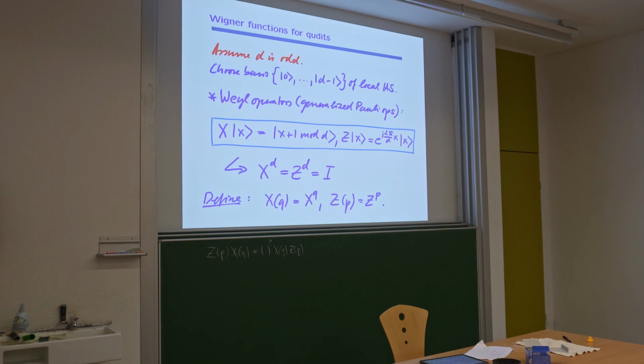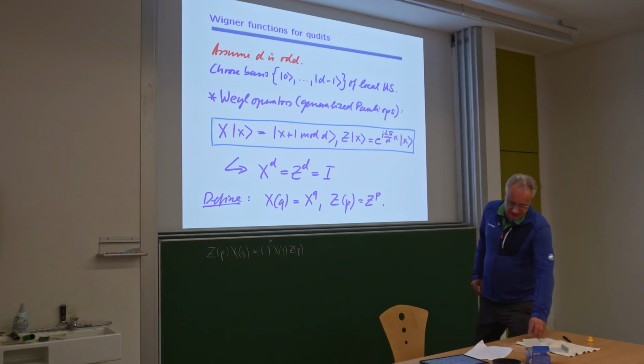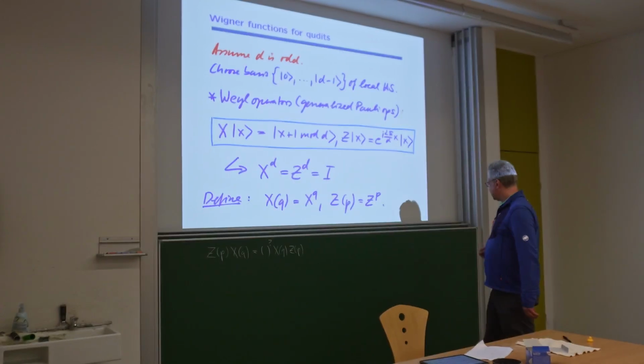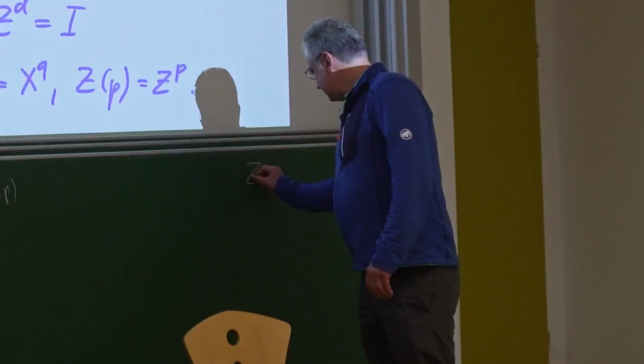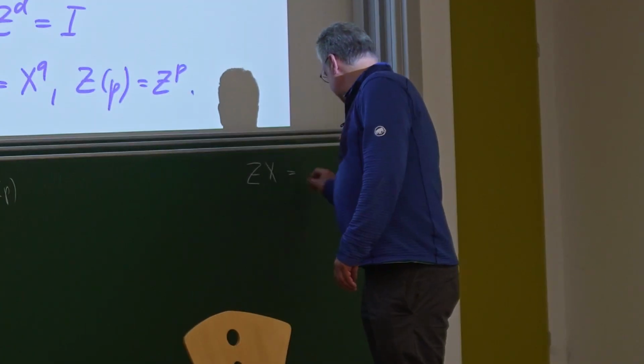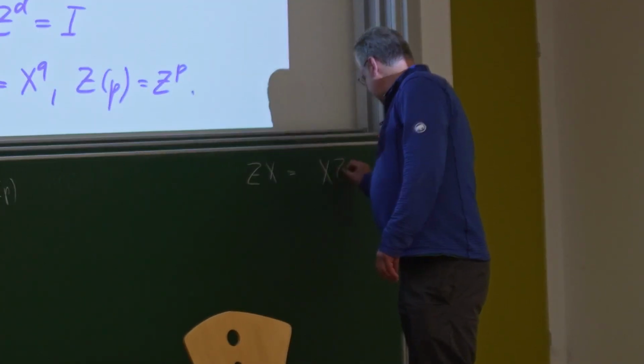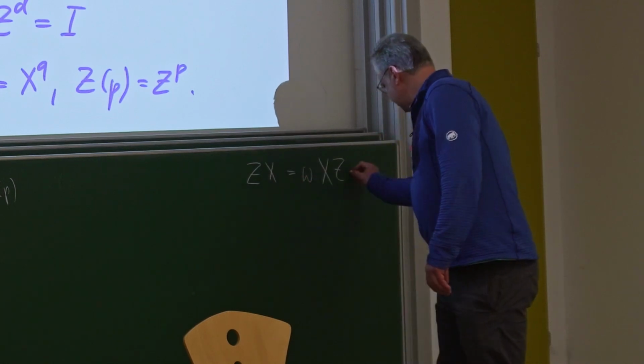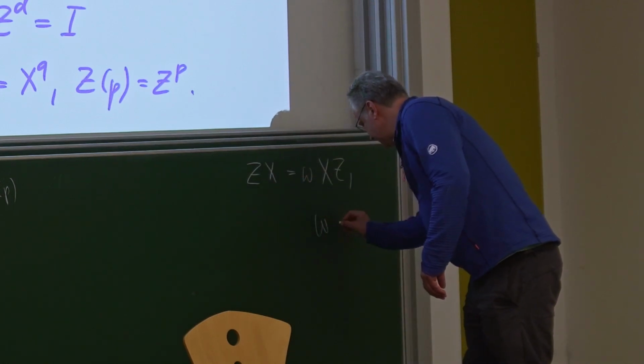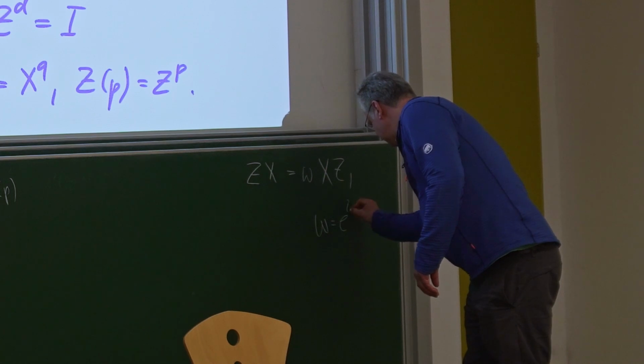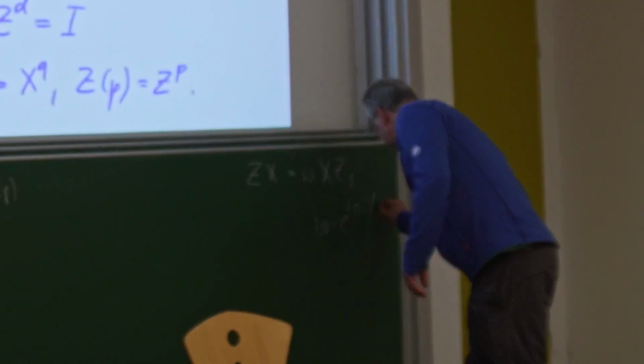Good. We have an answer. One answer, maybe close to an answer elsewhere. So the solution is: zx is xz times omega, with omega equal to e to the 2 pi i over the dimension.